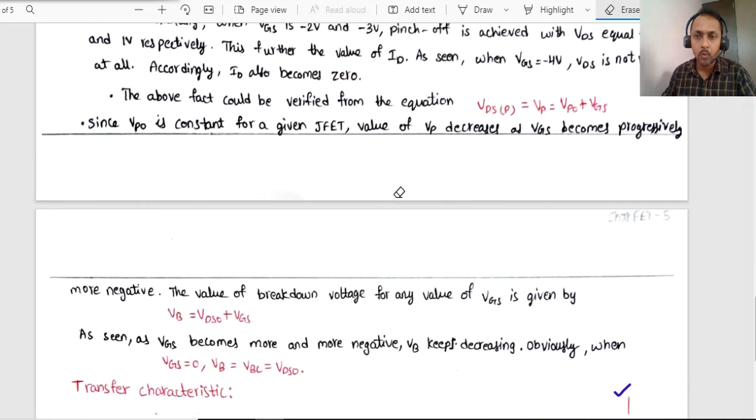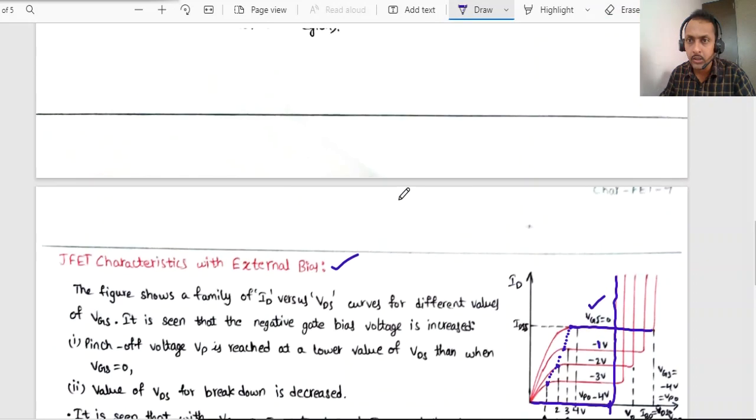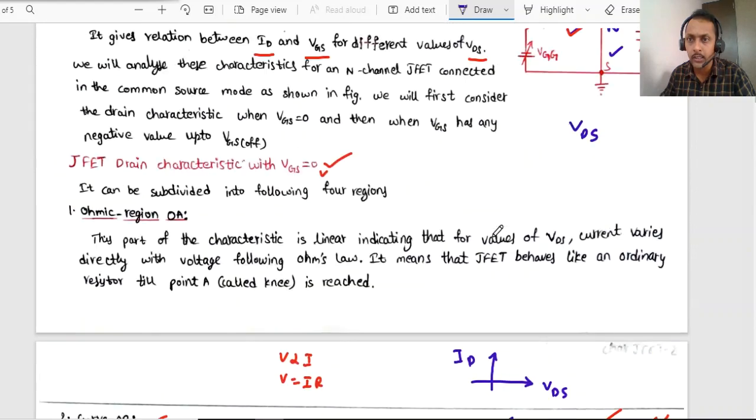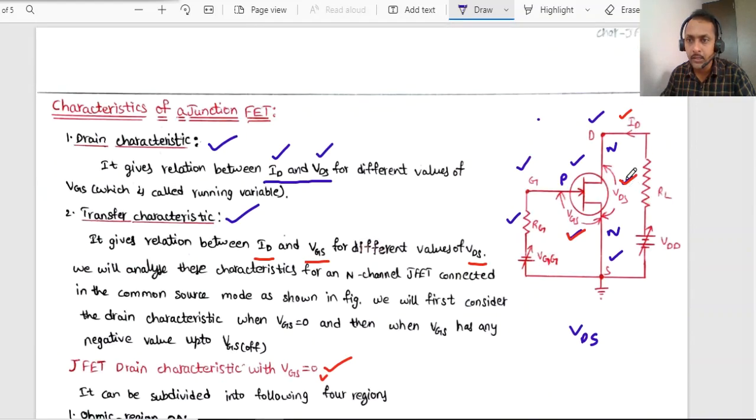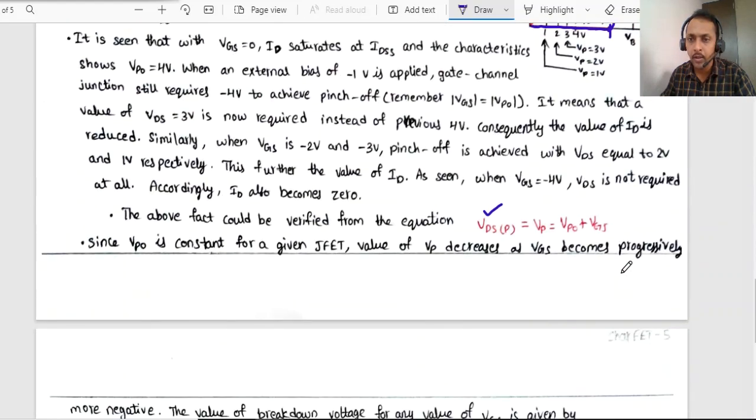Now the relationship between the drain source voltage, this equation we can understand. The drain source voltage VDS in this diagram is given by, dear students, please observe, VDS equal to pinch off voltage VP naught plus VGS, the gate source voltage.